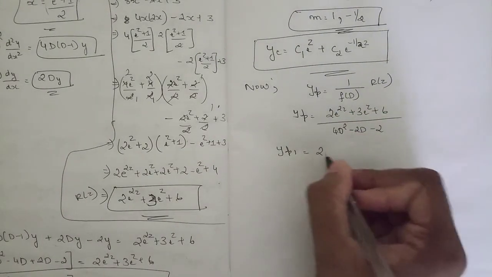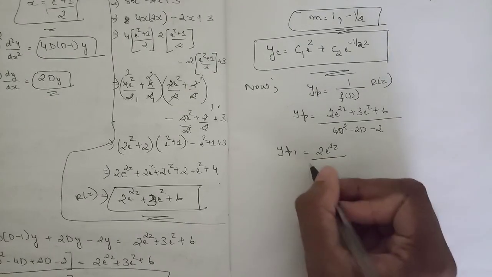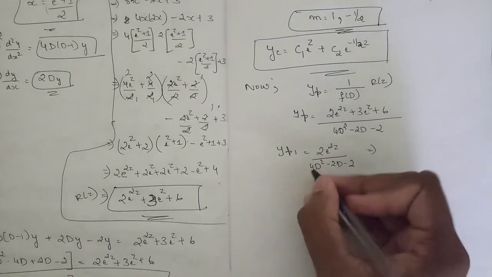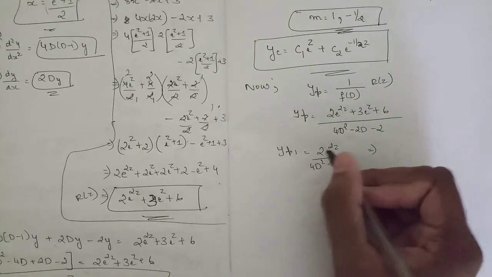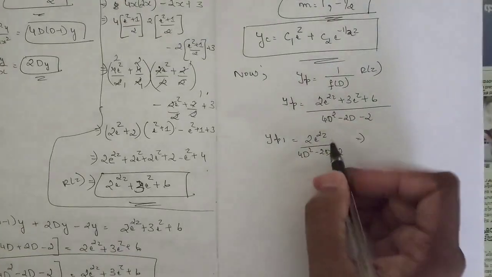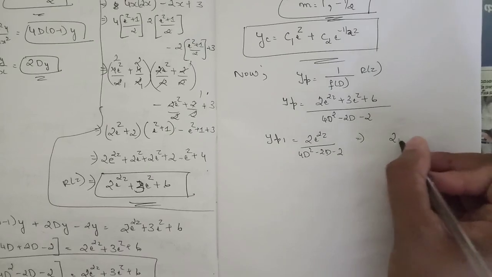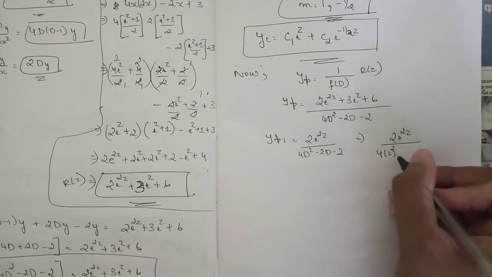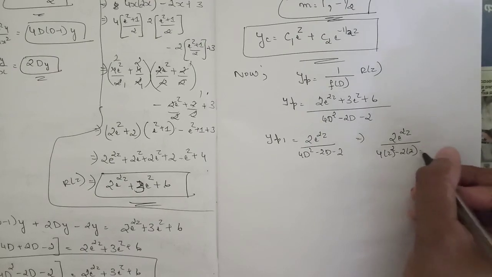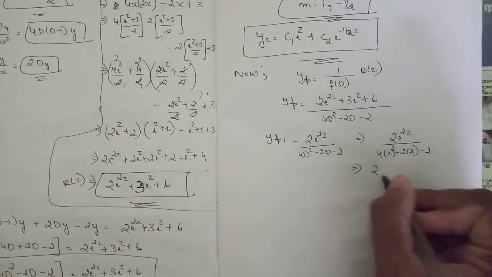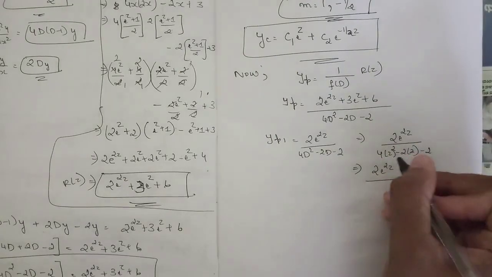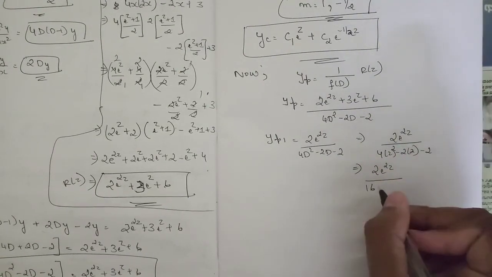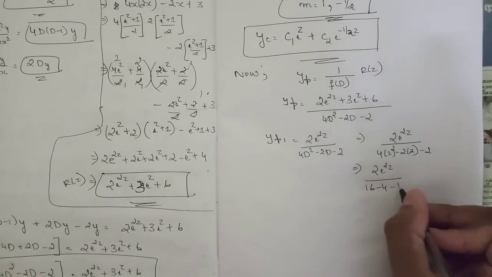So the first term is 2e power 2z divided by 4d square minus 2d minus 2, where we need to replace d by a according to the first type, where the value of a is 2. So we get 2e power 2z divided by 4 into 2 square minus 2 into 2 minus 2. 2 square is 4, 4 4s are 16, 2 2s are 4, minus 2.